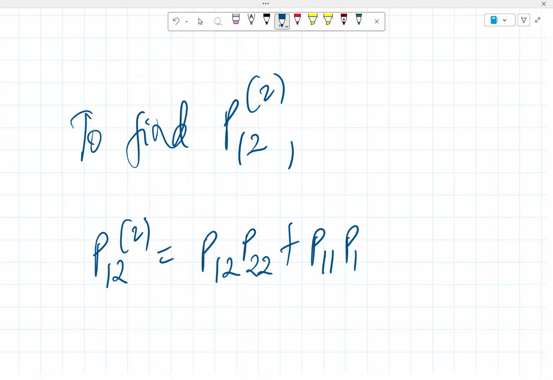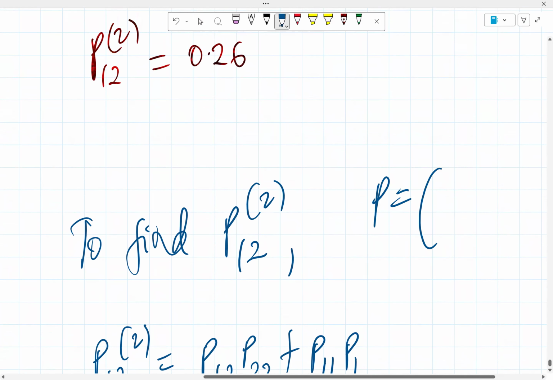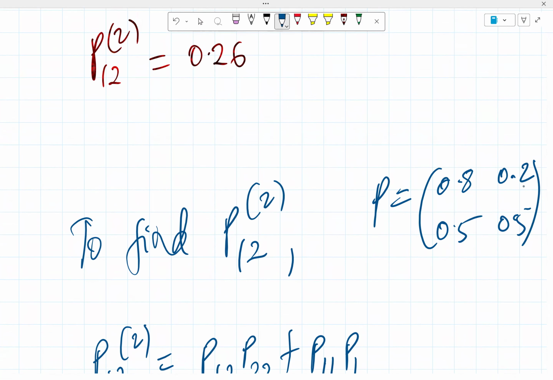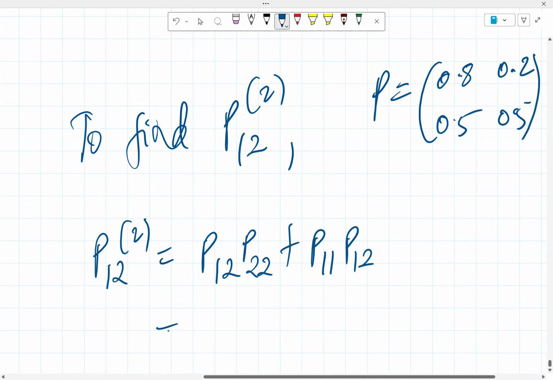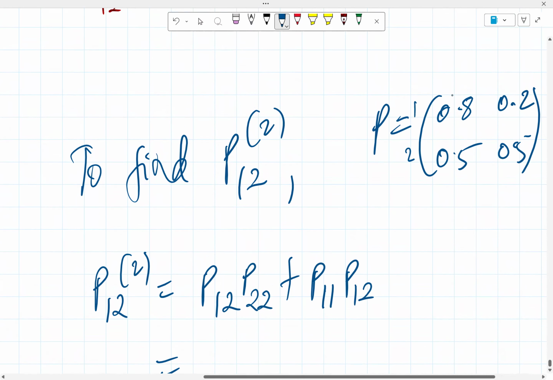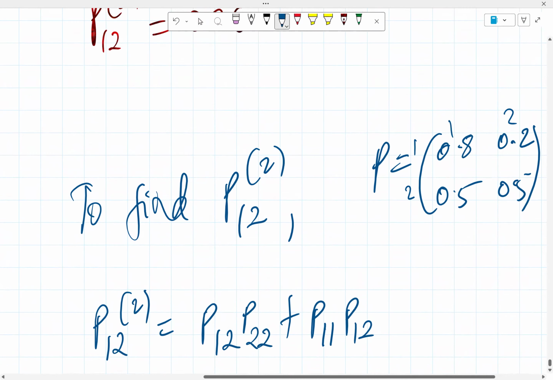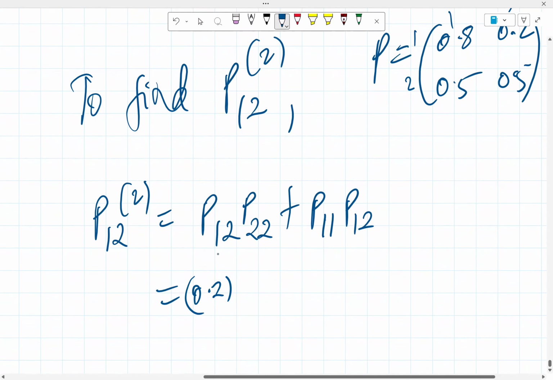Okay, so let's go. I thought I was going to write the matrix. P is 0.8, 0.2, 0.5, 0.5. So now this is P12, and this is 1, this is 2. P12 is 0.2, so you have 0.2 here.